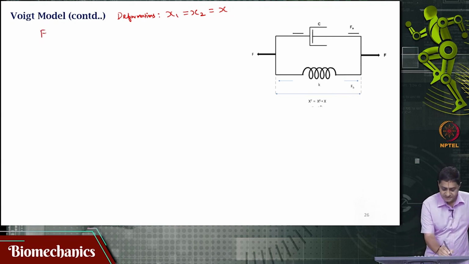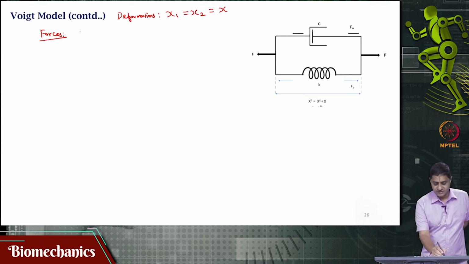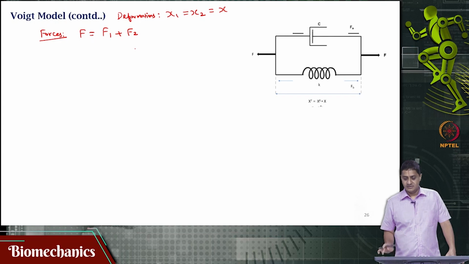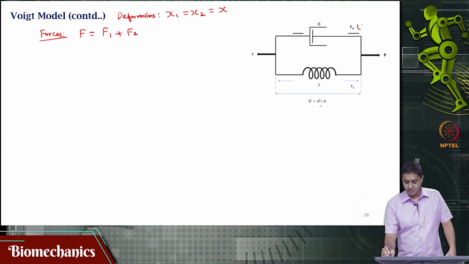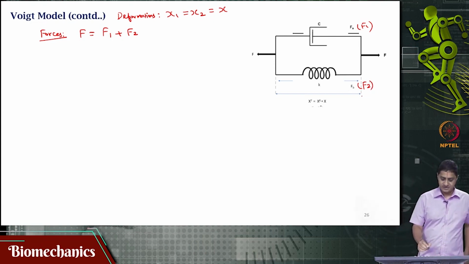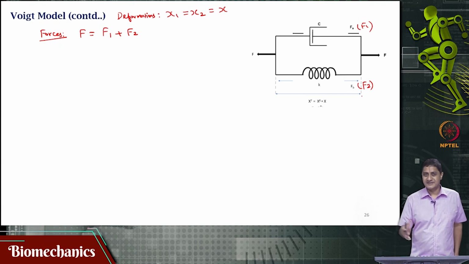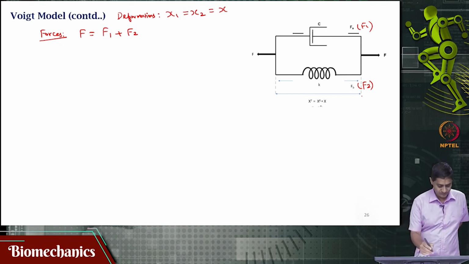The forces: F is the sum of the two individual forces, F1 plus F2. Instead of Fa, I am going to call this F1, and instead of Fb I am going to call this F2, because here I am using x1, x2, so it makes sense for me to use F1, F2.